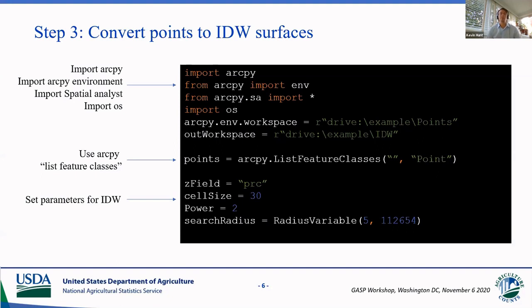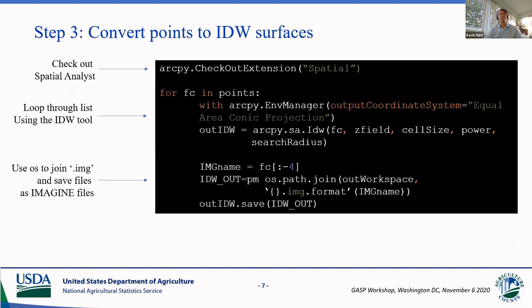And then there's a search radius, and you can do that differently, but search radius is radius variable. And then we have up to 5 points, and we wanted to look out to 70 miles, and that's in meters.